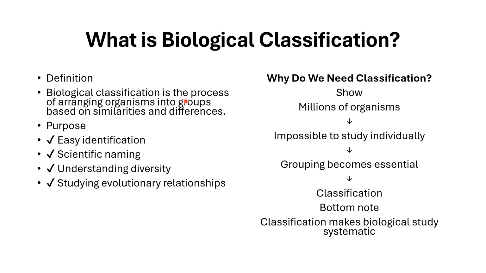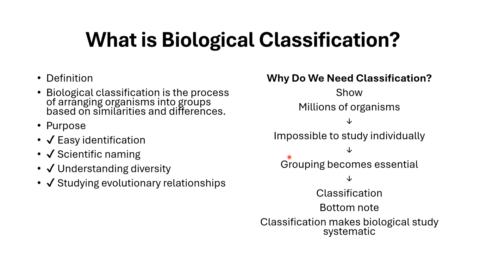It is the process in which we arrange the organisms. How? On the basis of the differences between them and similarities between them. Okay. Why do we need it? Look, there are millions of organisms, so we have a huge biodiversity. And if we need to study the organisms, it is very difficult to study about them individually.